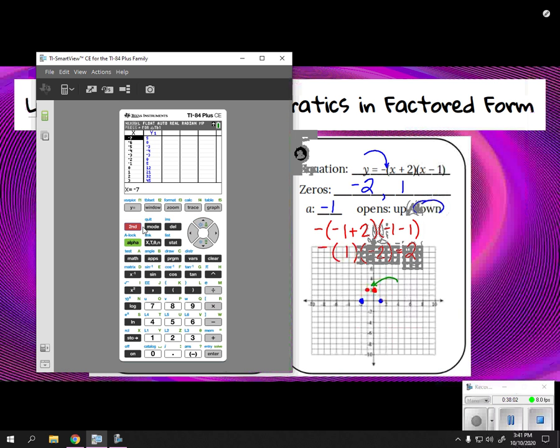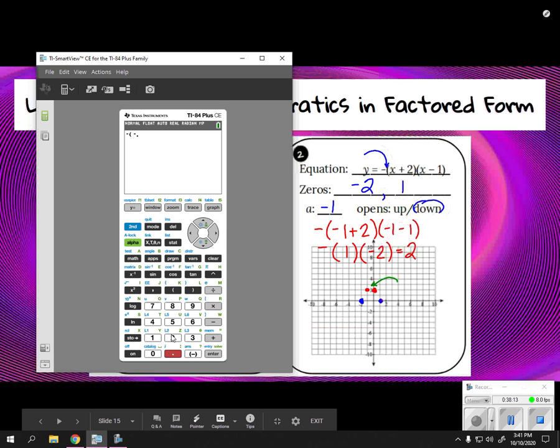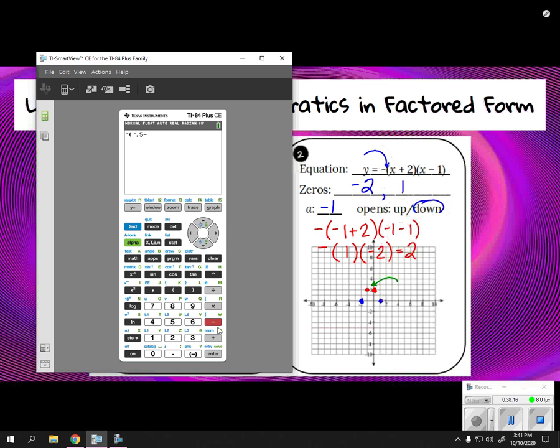We're going to plug in -0.5 plus 2, and then -0.5 minus 1. All we're doing is plugging in x values, getting y values. Oh, and I get 2¼. So 2¼ is just a smidge above 2.